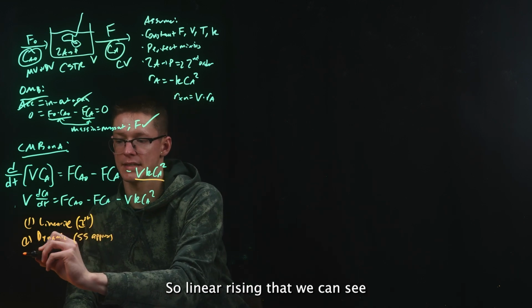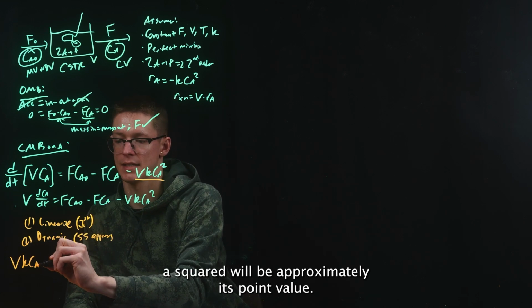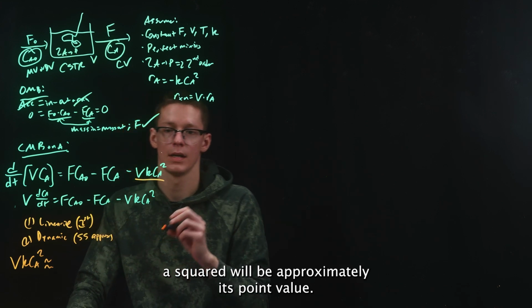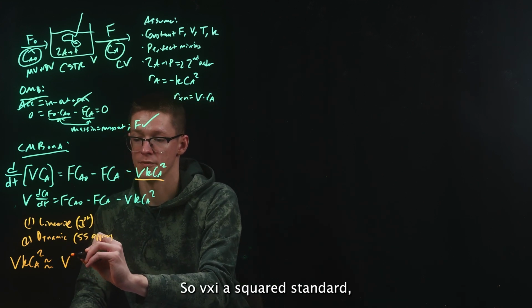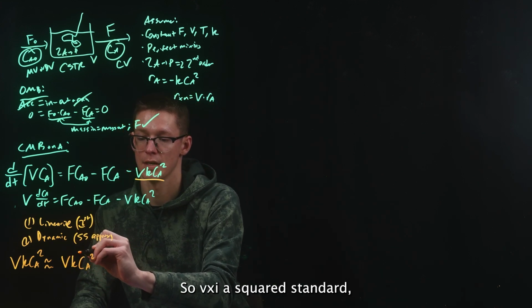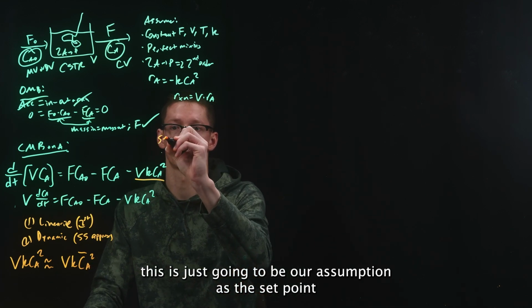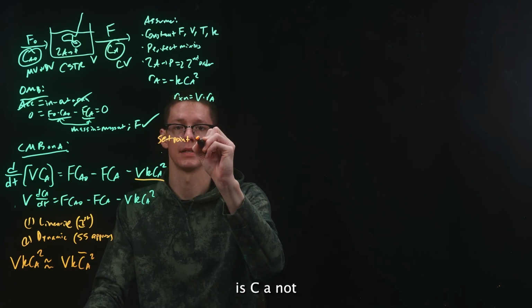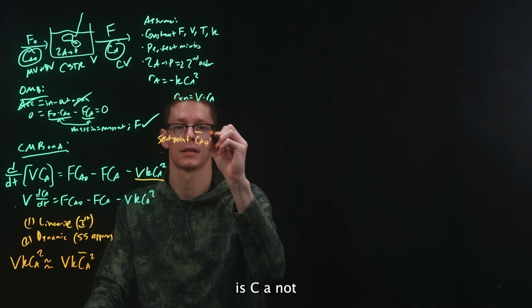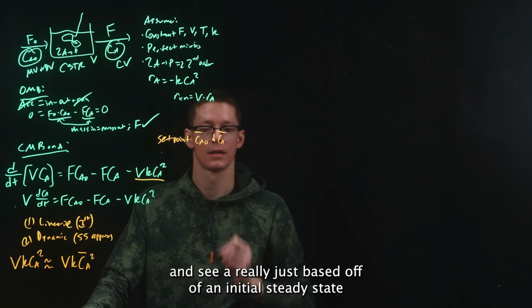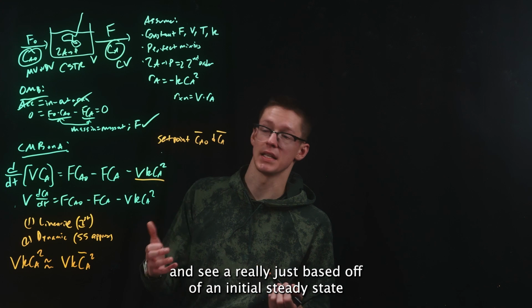So linearizing that, VKCA squared will be approximately its set point value. So VKCA squared standard. This is just going to be our assumption, as the set point is Ca naught, really just based off of an initial steady state that we could have.